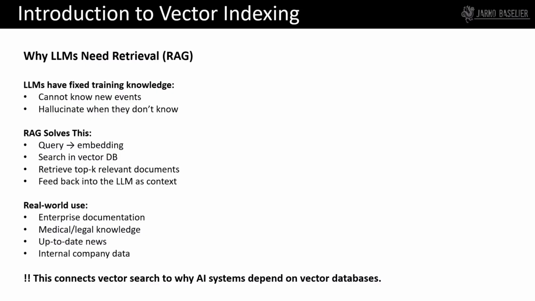So why do LLMs need retrieval, or RAG? We discussed RAG in previous chapters a little bit, but this and the next chapter we are going to discuss it a little bit more. LLMs have fixed training knowledge. They cannot know new events and they hallucinate when they don't know. And RAG solves this: from query to embedding, search in a vector database, retrieve top K relevant documents and feed them back into the LLM as context.